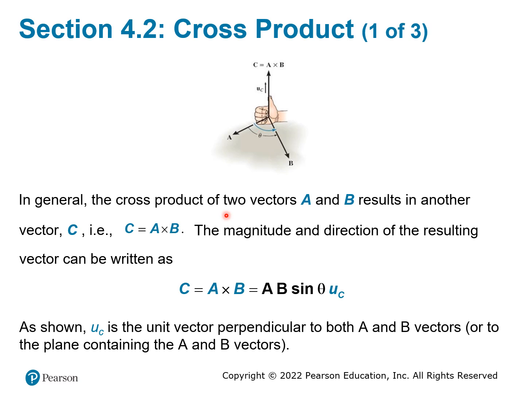In this case, it's going to be counterclockwise, right? So you curve your fingers counterclockwise to the vector of B. That thumb direction tells you whether this is a positive moment or negative moment.